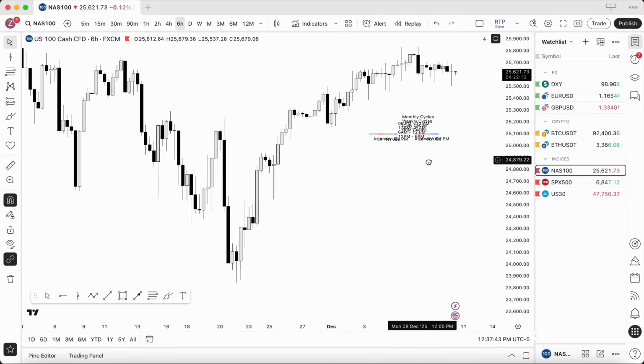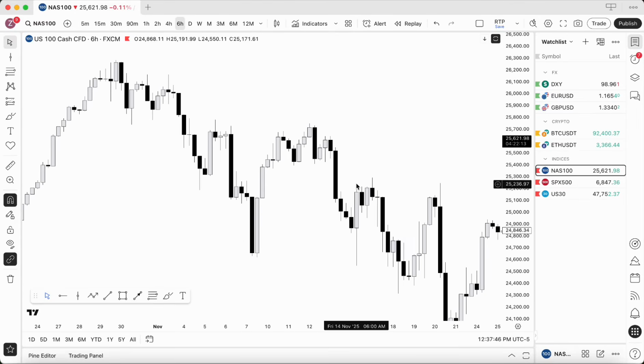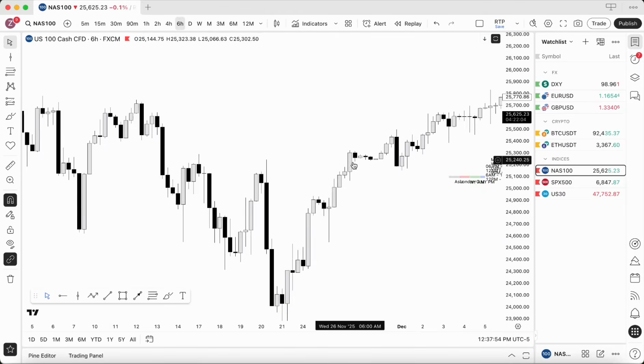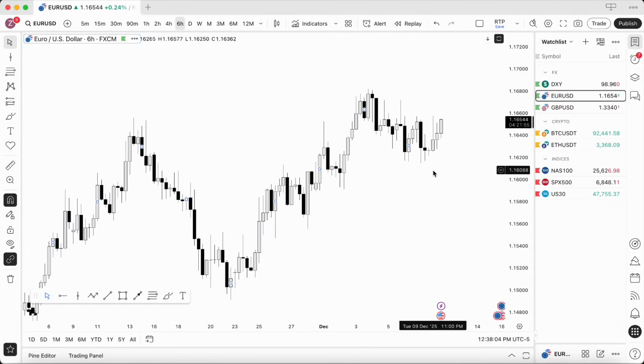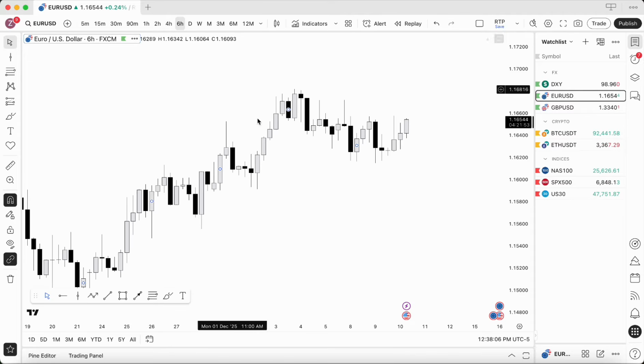And let's see indices. See how on the indices they're perfect. 6 p.m. to 12 a.m. to 6 a.m., 12 p.m. and 6 p.m. again. But if you go, let's say on EU, see how this is not clear, right? See 5 p.m., 11 p.m. This is not the right way to use the 6 hour.